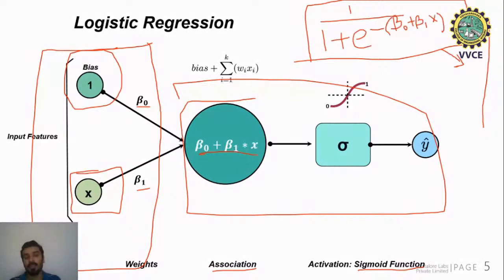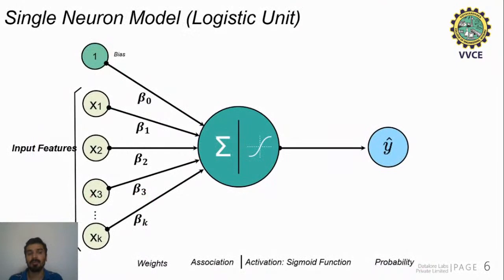Okay, so this is logistic regression when we have one single feature, which is our x. What happens if you have more than one feature? This is what happens. You have your bias unit, and you have multiple features, let's say x1 all the way up to xk. Each of these weights we'll call beta 0, beta 1 all the way up to beta k. So it will be beta 0 plus beta 1 x1 all the way up to beta k xk, right?